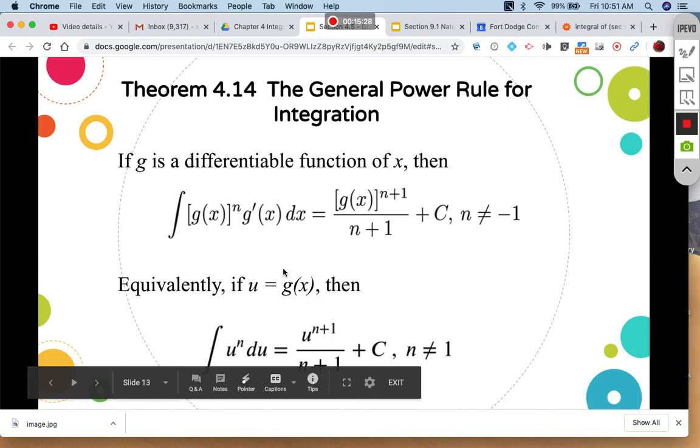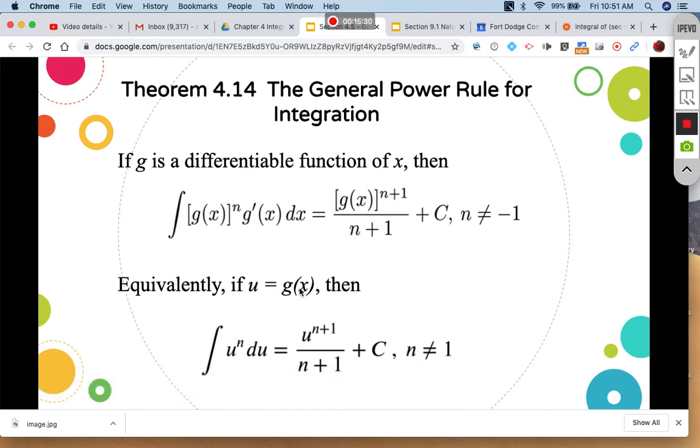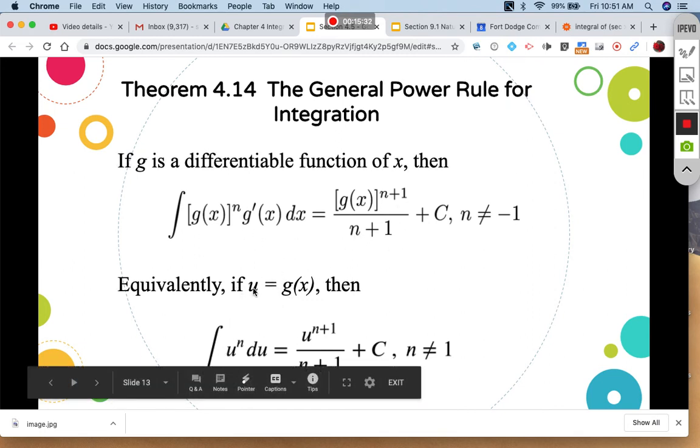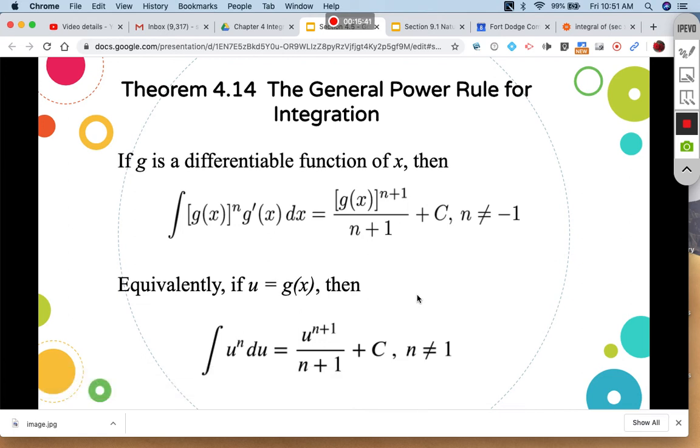So you could look at that pattern recognition. We get this down to the u-substitution. That's the integral of u to the n du. So look for options to be able to use this.